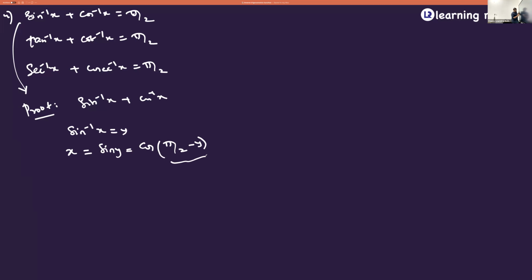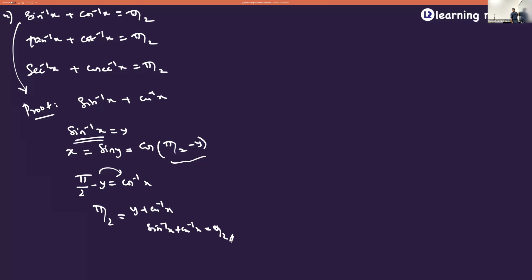Then pi by 2 minus y is how much? Cos inverse of x. Right. So pi by 2 will be equal to, take the y to the other side, y plus cos inverse x. But what is y? So sin inverse x plus cos inverse x will be equal to pi by 2.